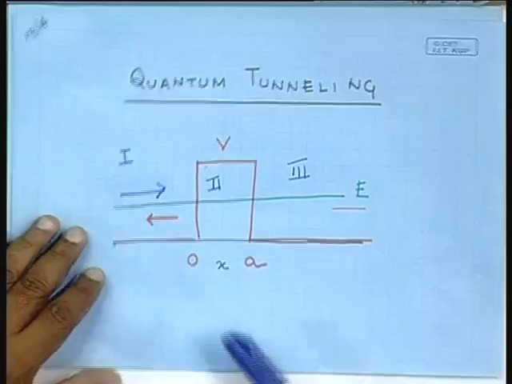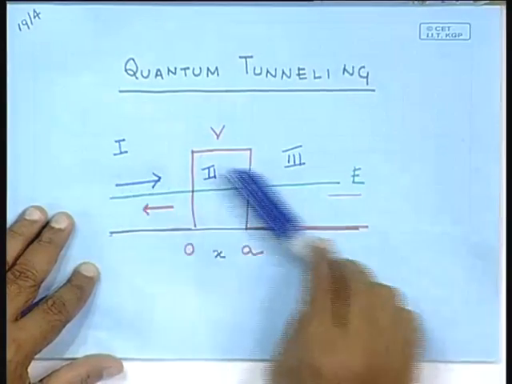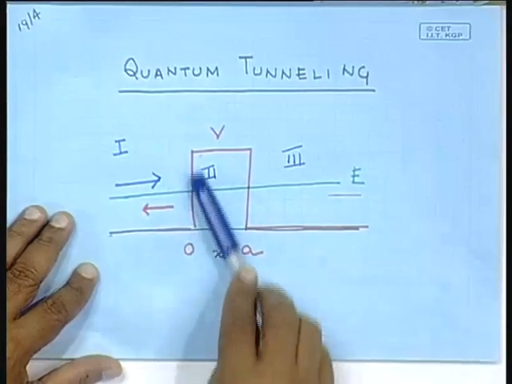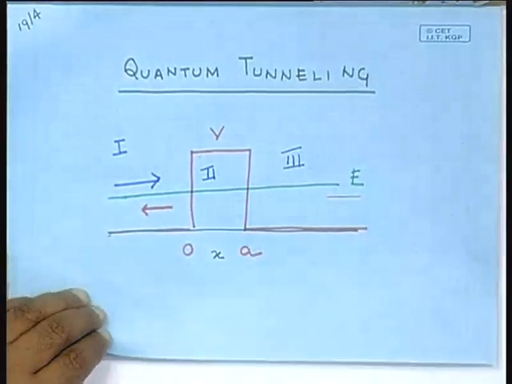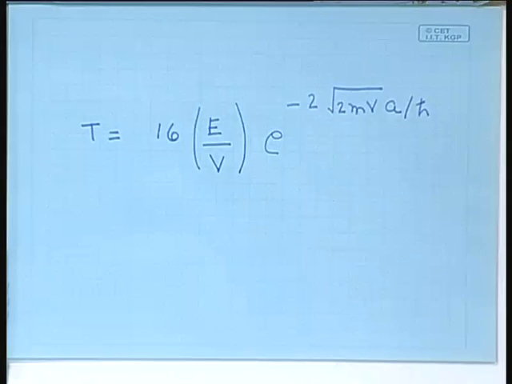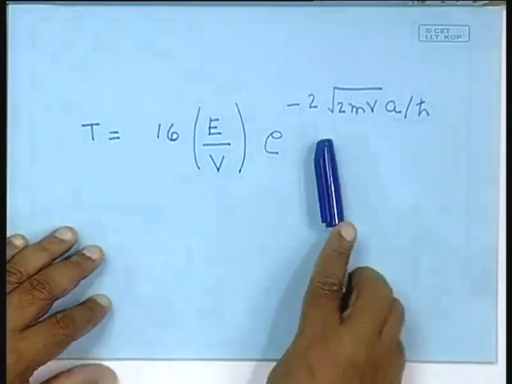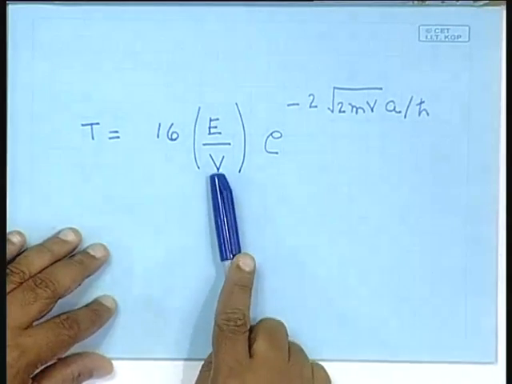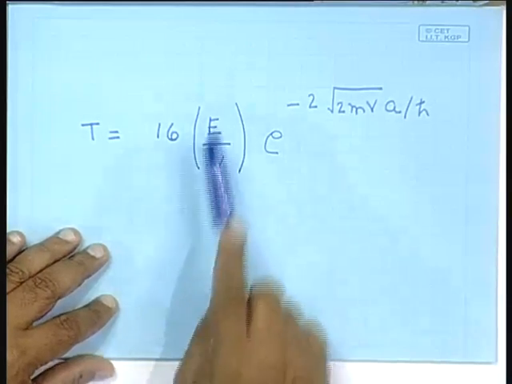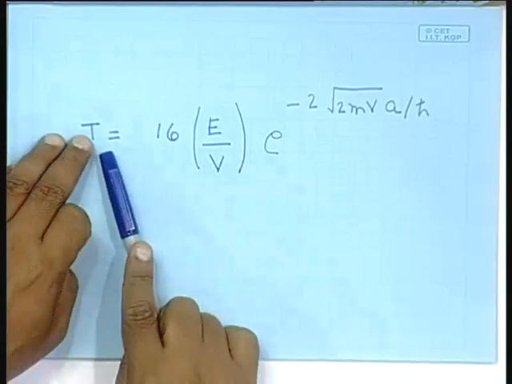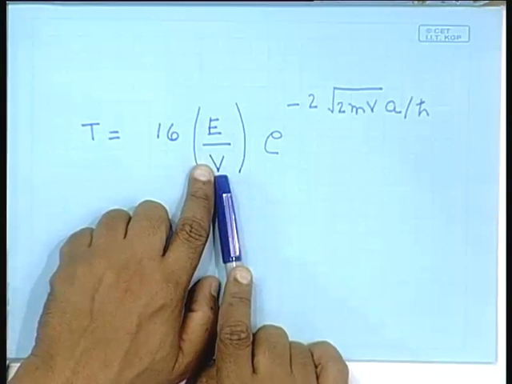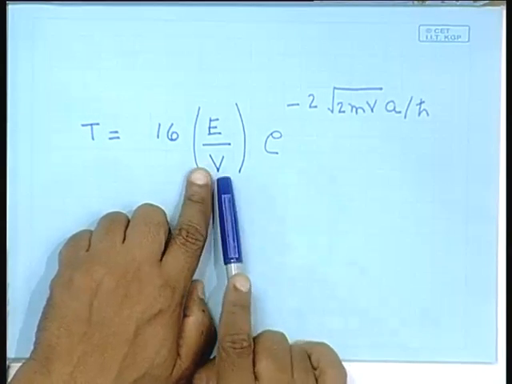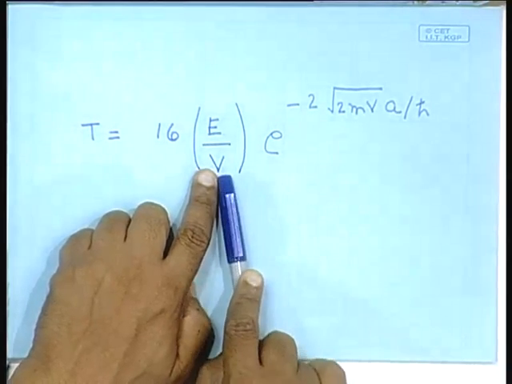Now, let us ask the question, how does this tunneling probability change if I increase or decrease the potential barrier? It is clear that if I increase the potential barrier, keeping the energy of the particle fixed, the tunneling probability is going to decrease on two counts. It decreases because of this 1 by V factor.